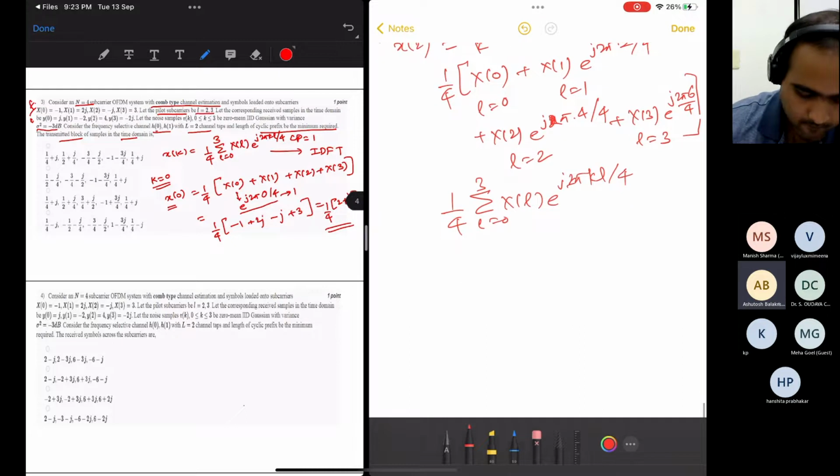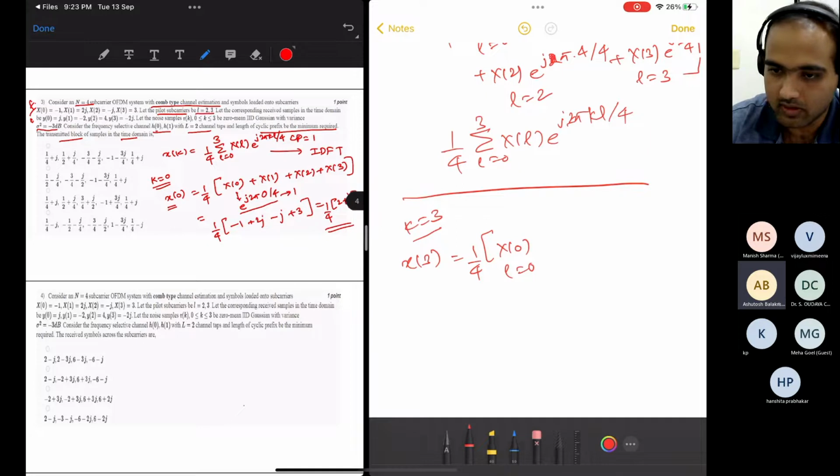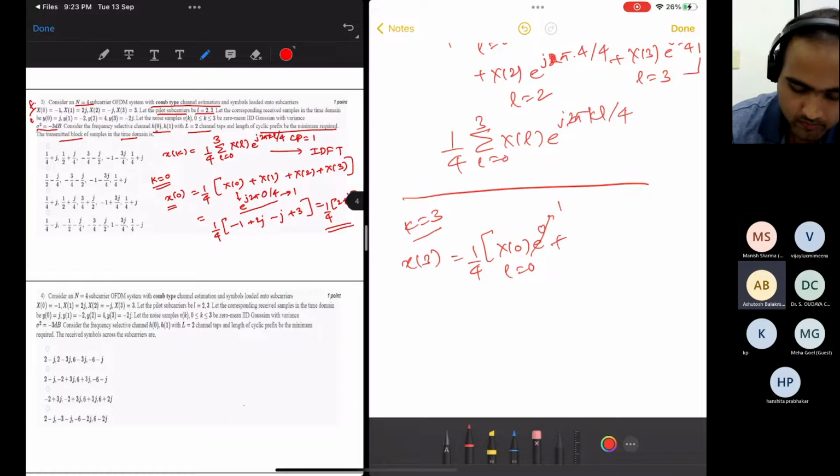And finally, we have for k is 3, x of 3, and this will be 1 by 4 x of 0, at L is 0. Since L is 0, my exponent is e to the power 0, which will always be 1. Plus x of 1 e to the power j 2 pi, now at L is 1, k into L is 3, so this is 3 pi by 4.